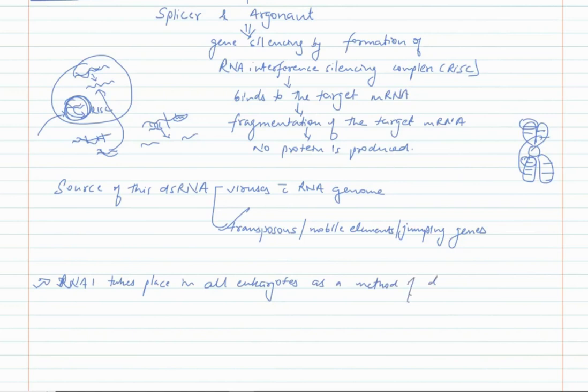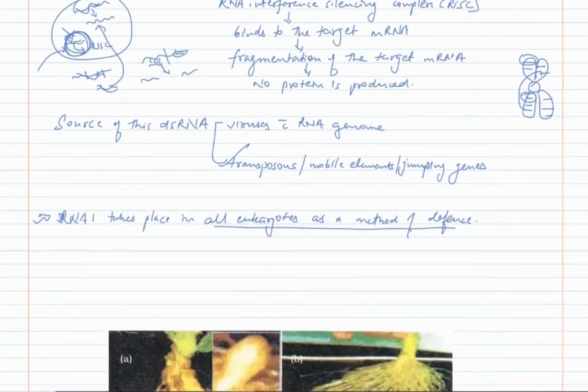So we only need to transfer this double-stranded RNA, and the rest, that is the conversion to the RNA interference silencing complex, will be done inside the cell because it is common to all eukaryotes. All eukaryotes already have dicer, slicer, and other enzymes which are required for RNA interference.